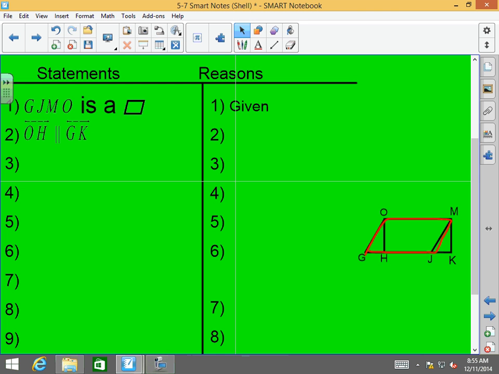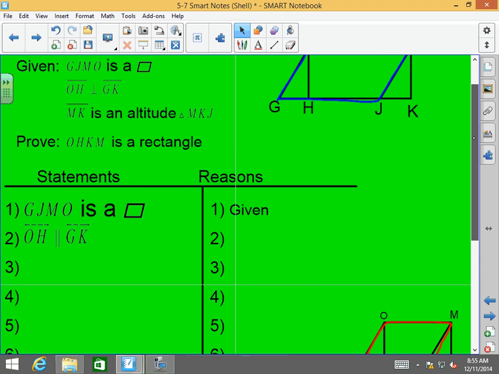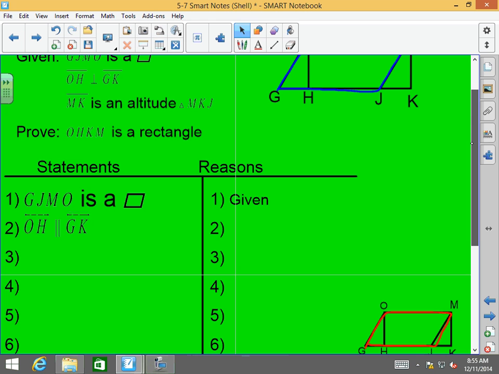Next, since it's a parallelogram, I know that OH, well, not because of a parallel. I messed up here. That should not be parallel, that should be perpendicular. My bad, I'm sorry. I made a big error. OH is perpendicular to GK.